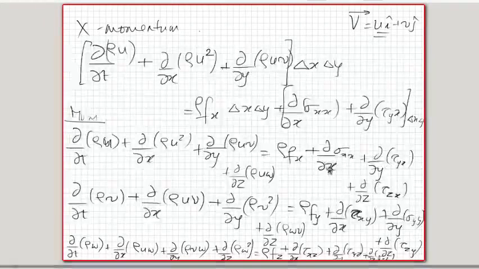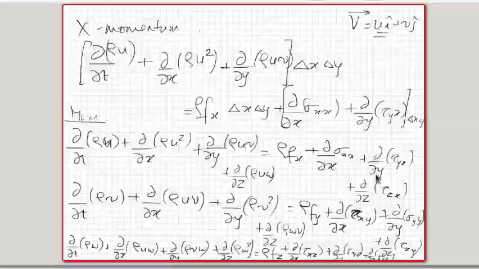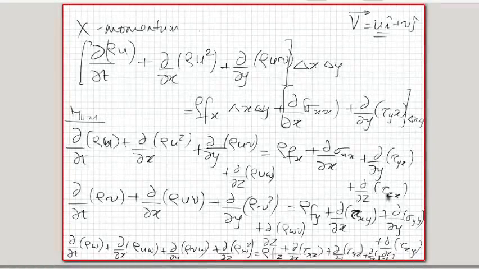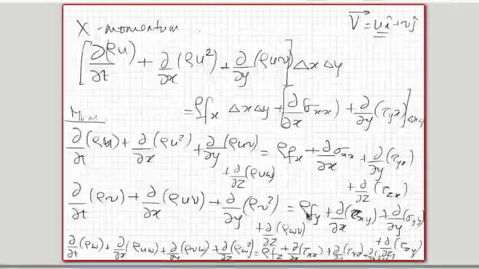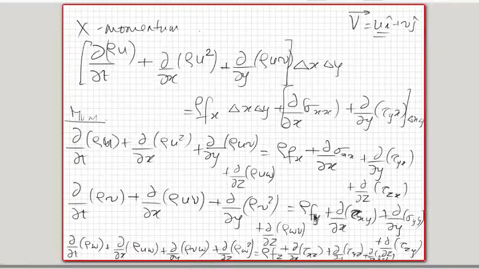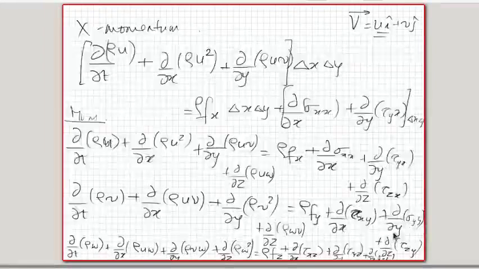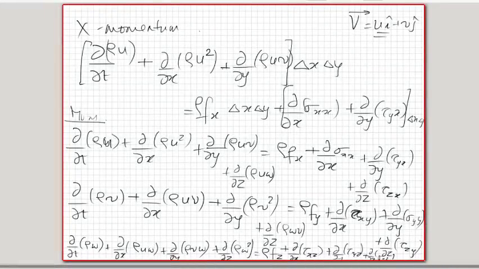There will be a u del sigma xx by del x, u del tau yx by del y. So the z term will not be there. Similarly here it will be rho fy into v. There will be a v del tau xy by del x, and there will be a v del sigma yy by del y. So that will be the right hand side that you will get for this equation.